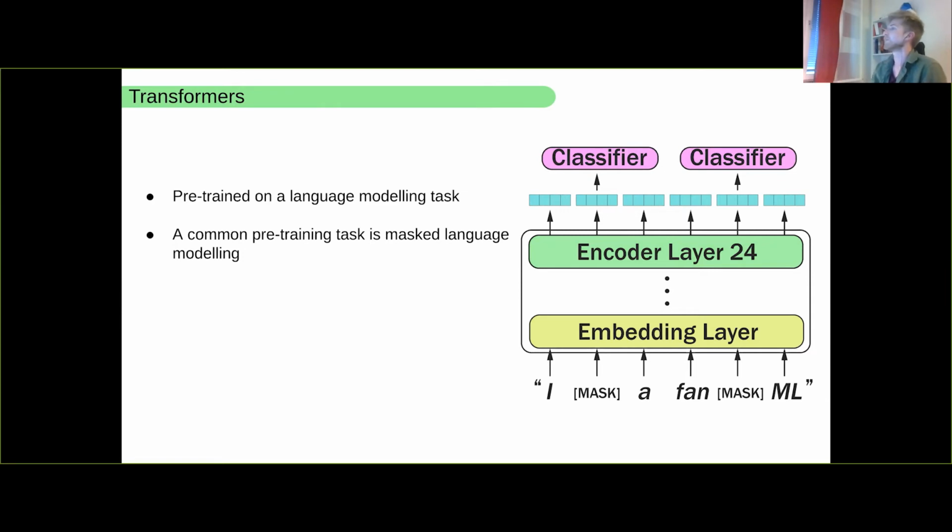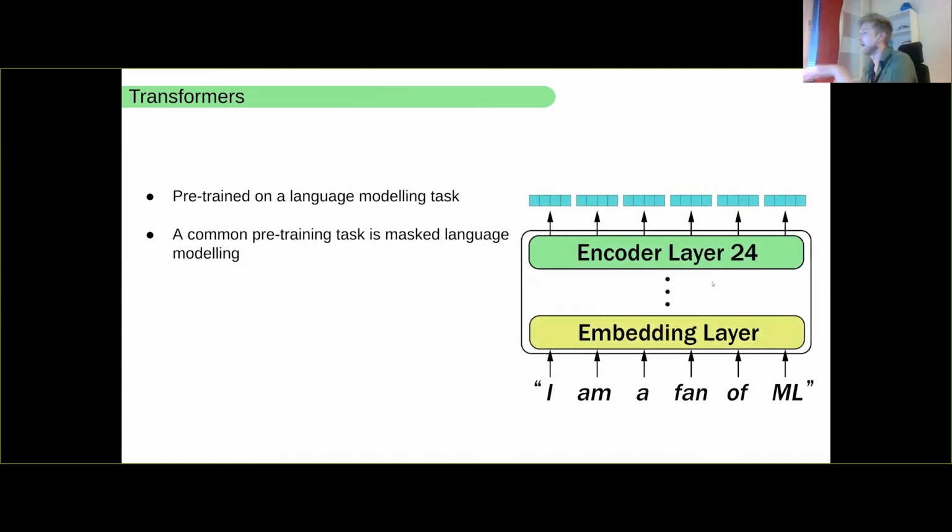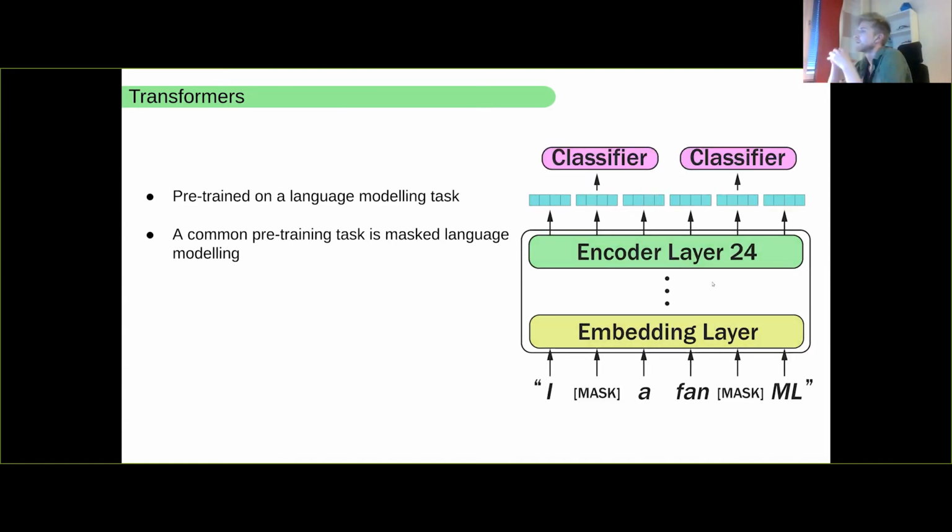In the end, we ask the model to classify which word was masked. We want the model to have a good understanding of language. So when it gets "a fan of ML", it's going to try to predict "am" and "of".